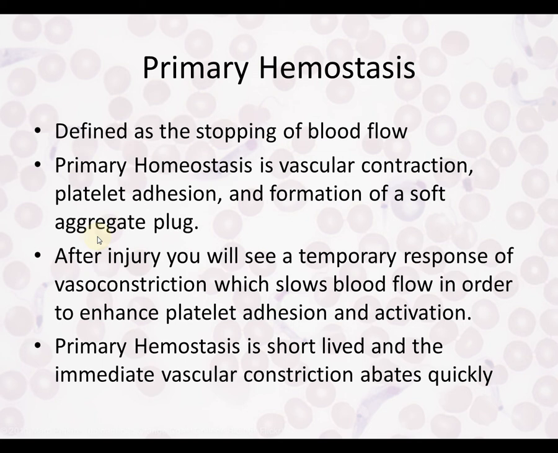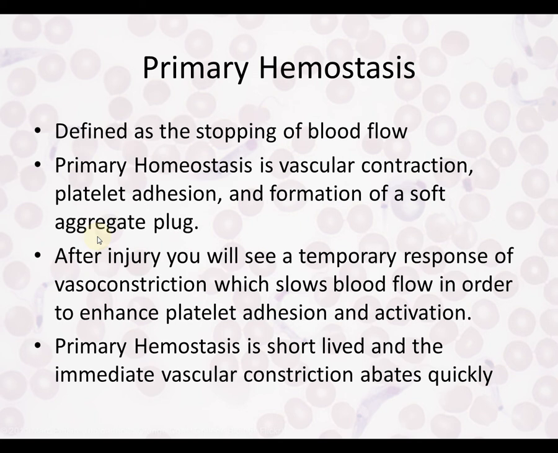Primary hemostasis is short-lived. The immediate post-injury vascular constriction abates very quickly, and the flow is allowed to increase again. That soft plug that is formed can be sheared off and can possibly cause an embolism.